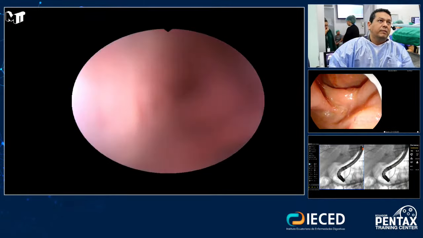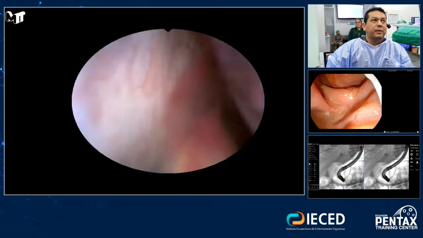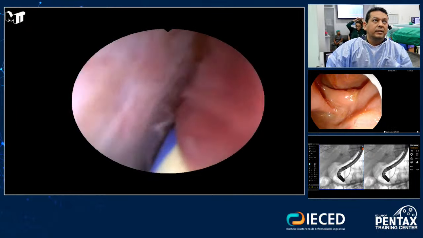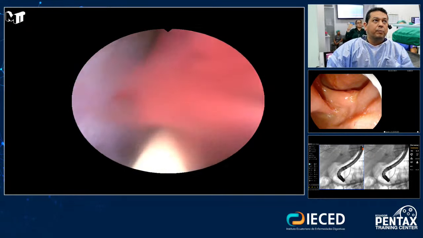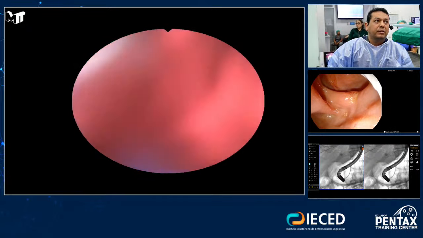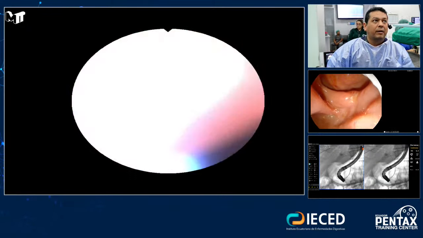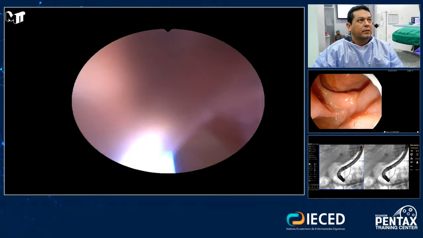This showed me that this tumor is not coming from the common bile duct. It's coming from the gallbladder with invasion to the biliary tract, and this is why the bleeding of the biliary tract is happening.